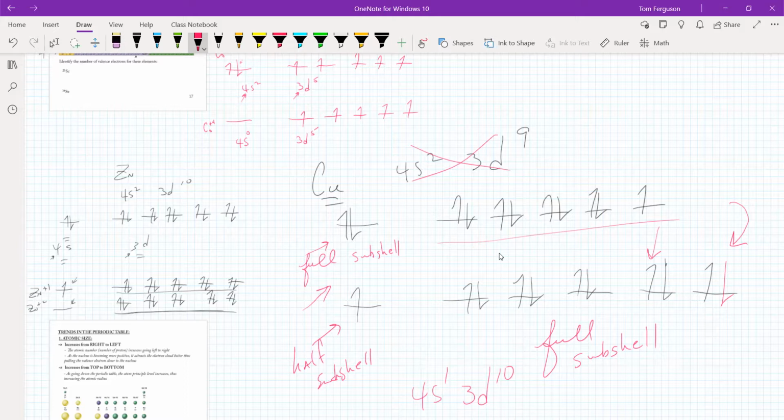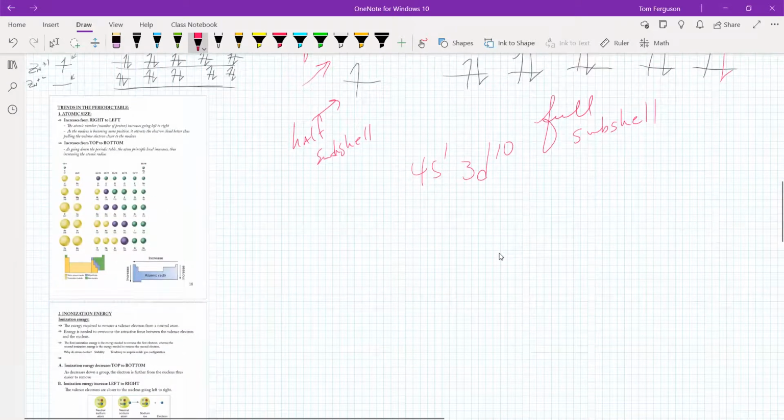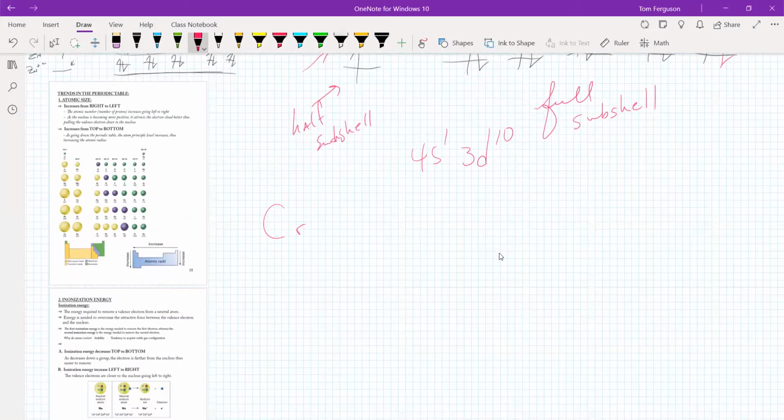Okay, I'm going to do chromium while we're at it. Chromium is kind of the same thing. If you look at chromium, it's 4s2 3d4.